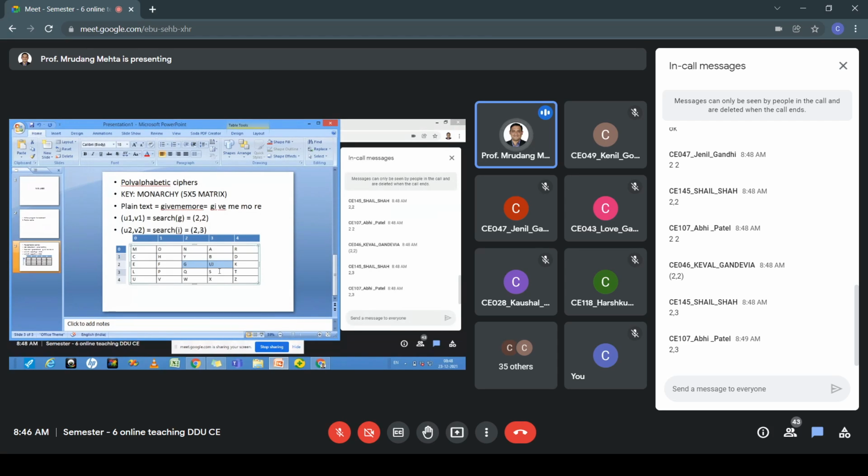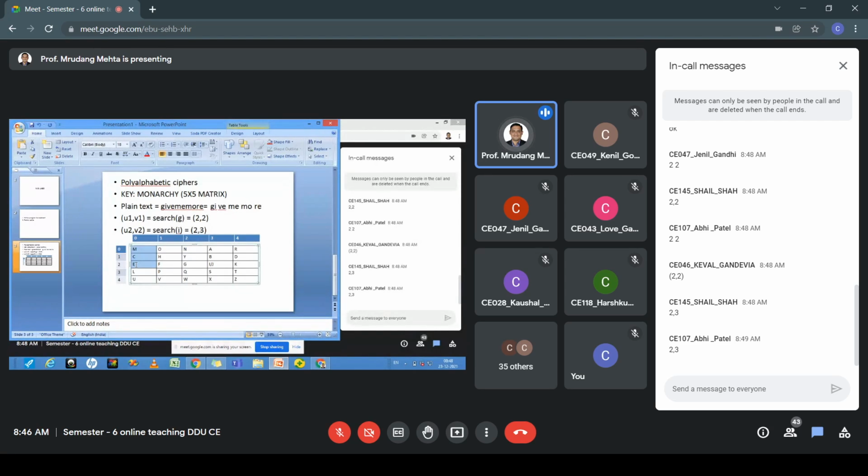It can also be possible that the characters are in the same column. For example, if we look at V and E, or M and E, like this, M and E are in the same column.